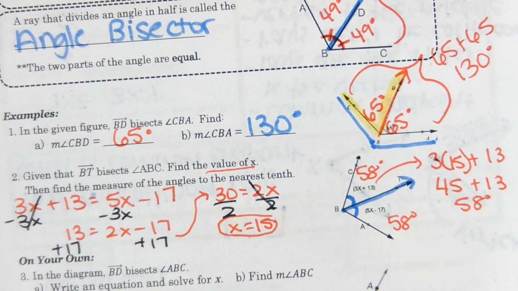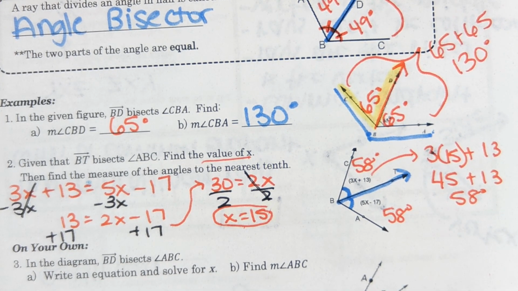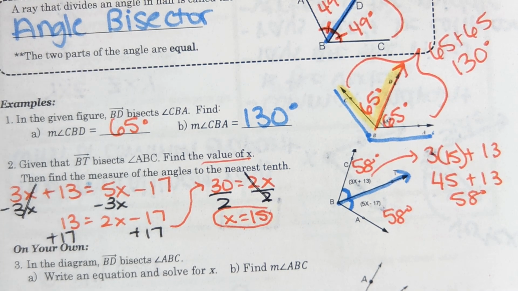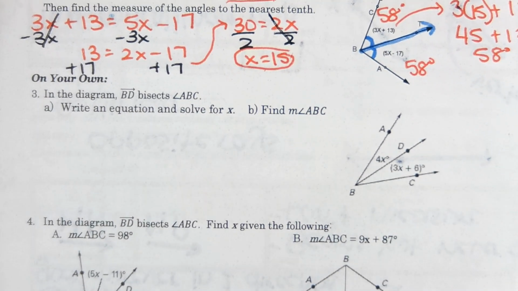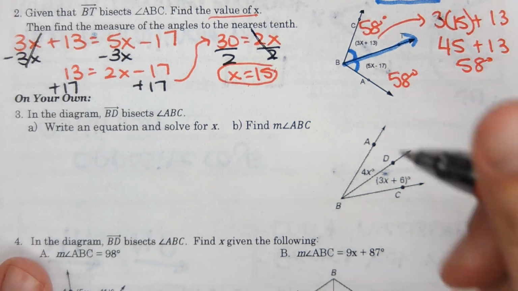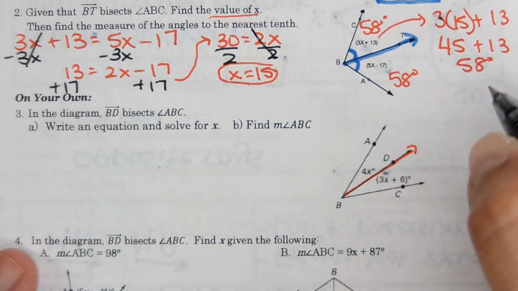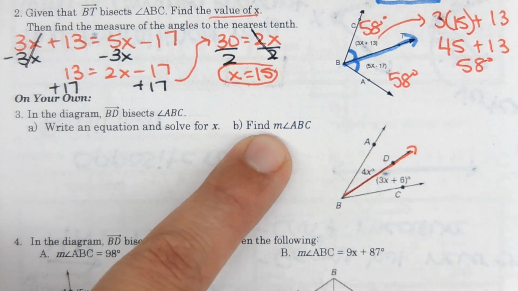Okay, then the next one when you're ready. You guys are keeping up with me. Nice job. Okay, the next one, same idea. It says BD right here bisects ABC, solve for x, and then find the measure of ABC.